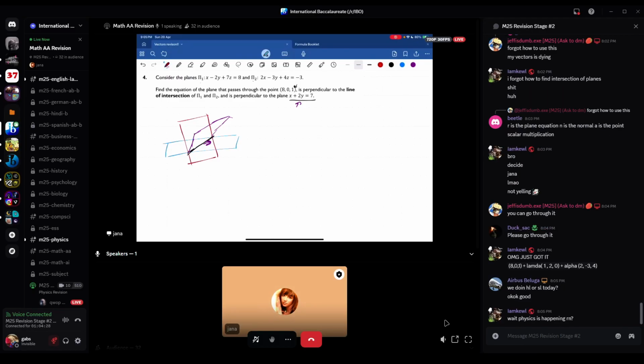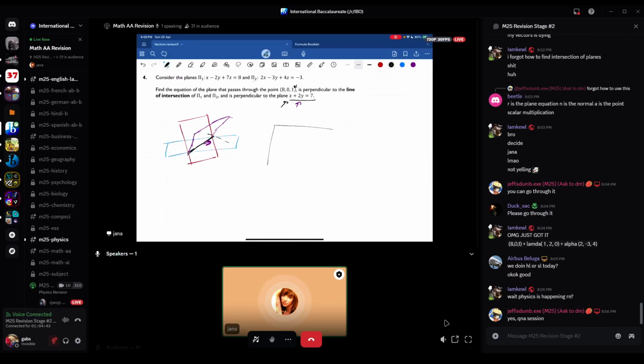So that means that the normal of the plane has to be perpendicular to the direction vector of the line, but it also has to be perpendicular to this plane. And when two planes are perpendicular, so are their normals.